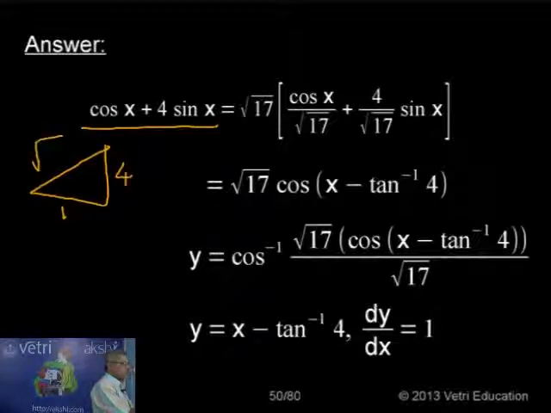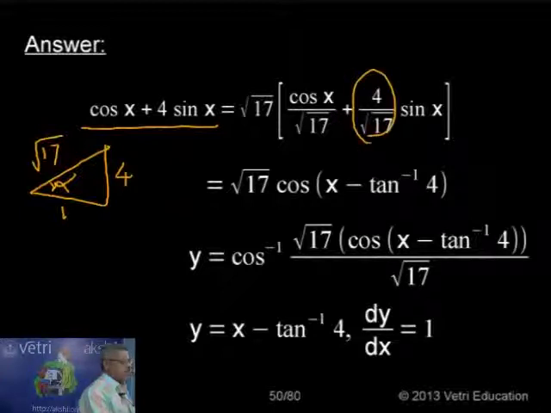The hypotenuse will be root of 16 plus 1, root 17. If you take this angle as alpha, then cos alpha will be 1 by root 17, and sin alpha will be 4 by root 17.